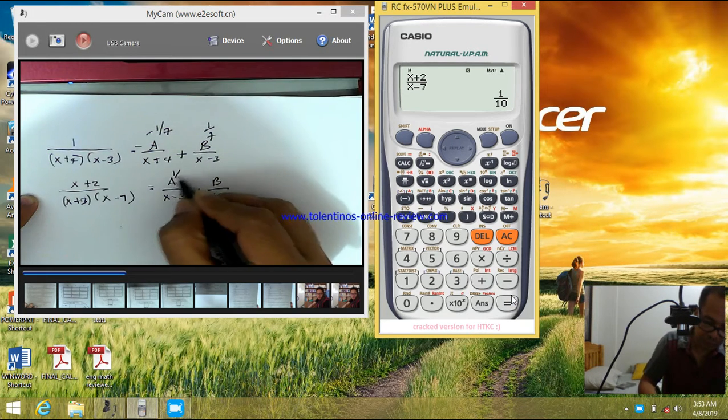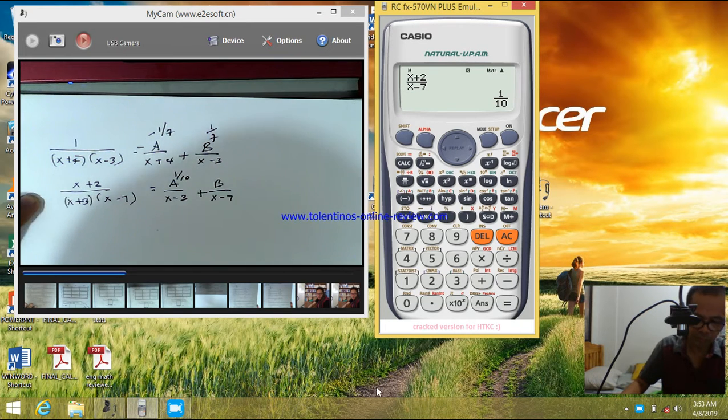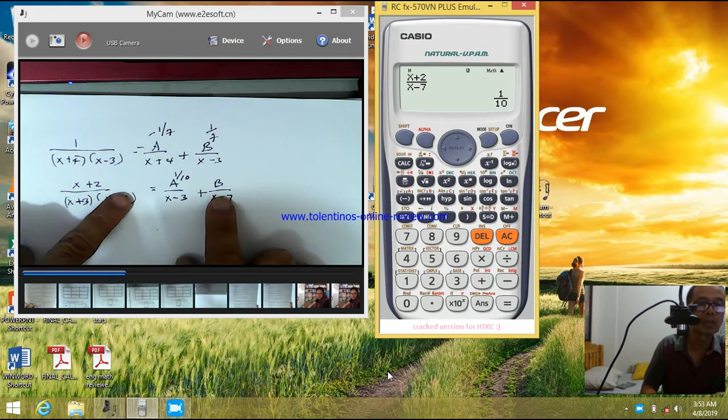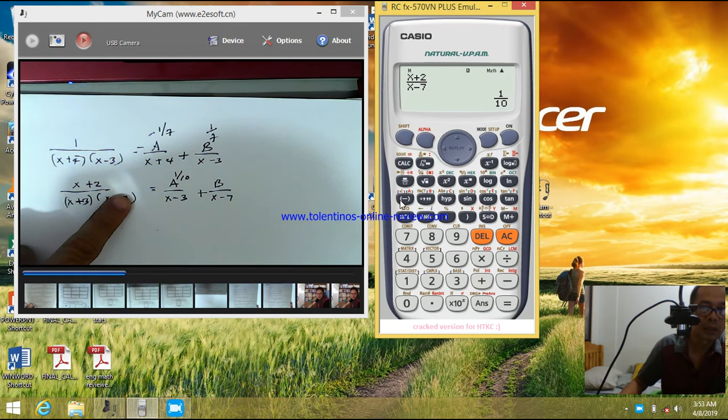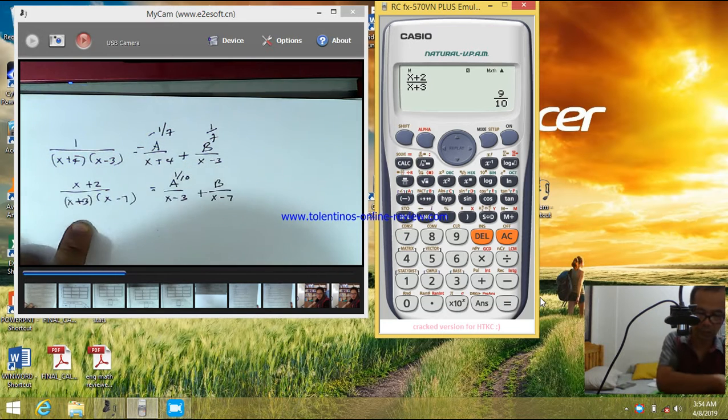So this is 1 over 10, and to solve for b, then cover x minus 7 there. So what results is x plus 2 over, this becomes x plus 3, and then calc the one that will make x minus 7 zero, which is 7, so the answer is 9 over 10.